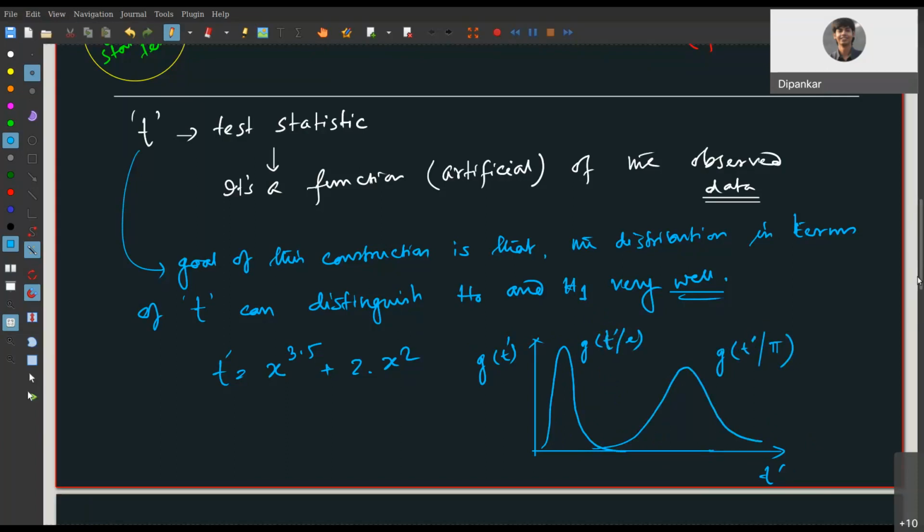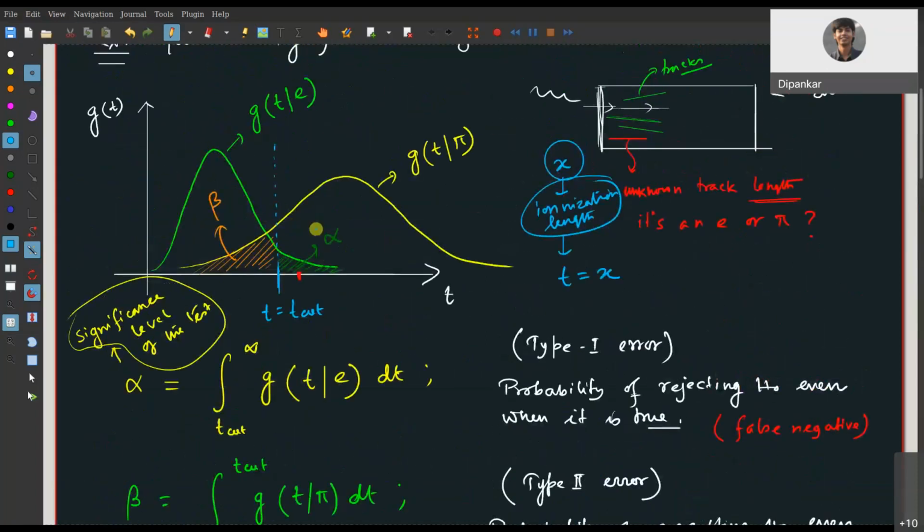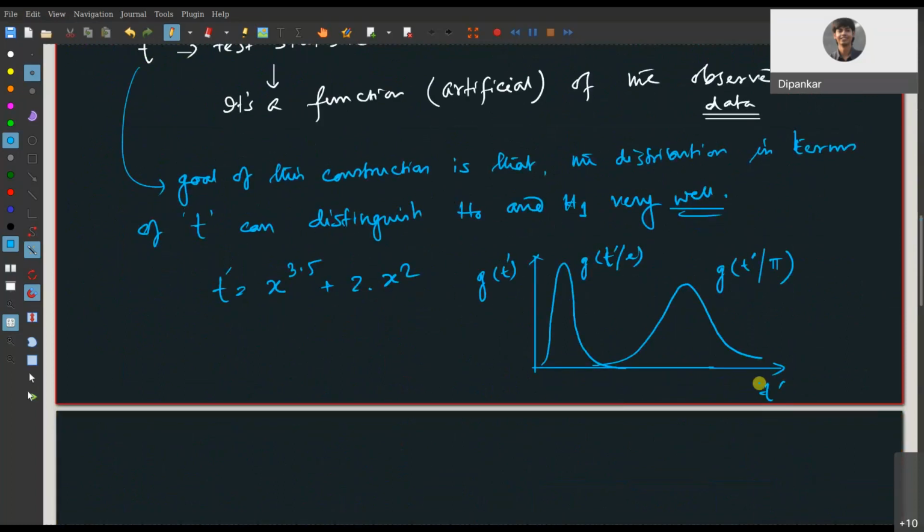Now you notice that if you compare with the previous figure, then in the plane of t prime, these two hypotheses, whether it's an electron or a pion, are even better separated. So if this is true, then you will prefer this test statistic over t.